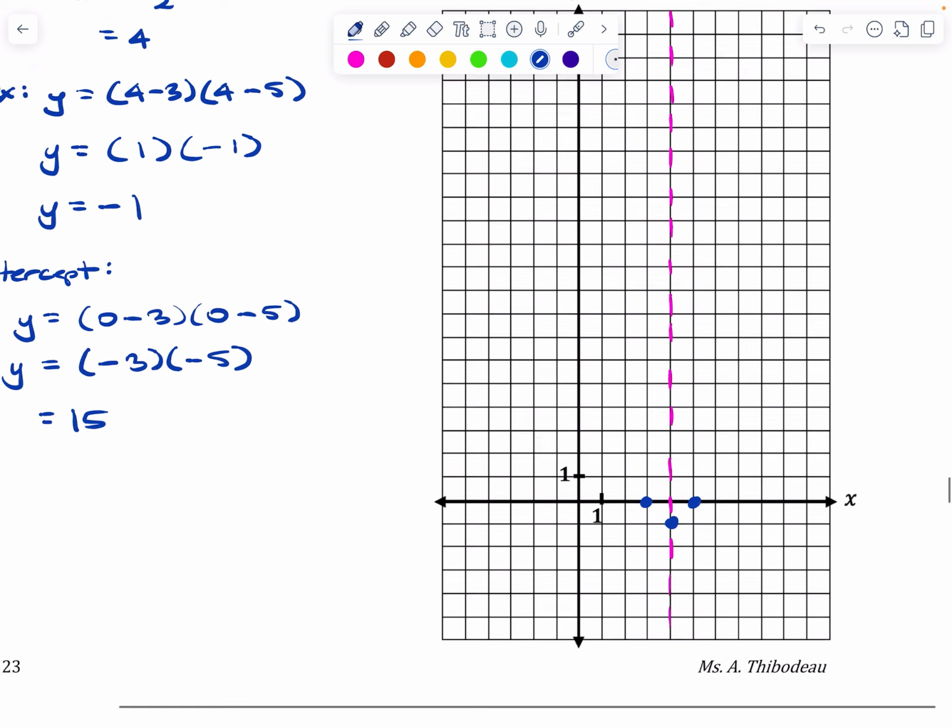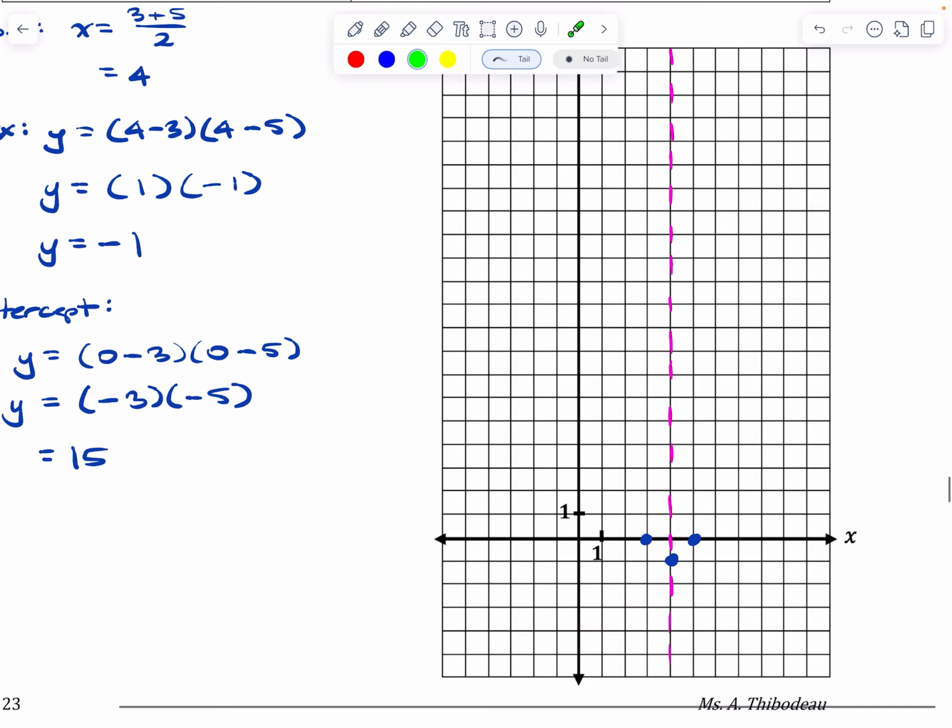So we've got to count these out as 1, 2, 3, 4, 5. I might just put that 5 marker in. Okay, so there's that y-intercept.